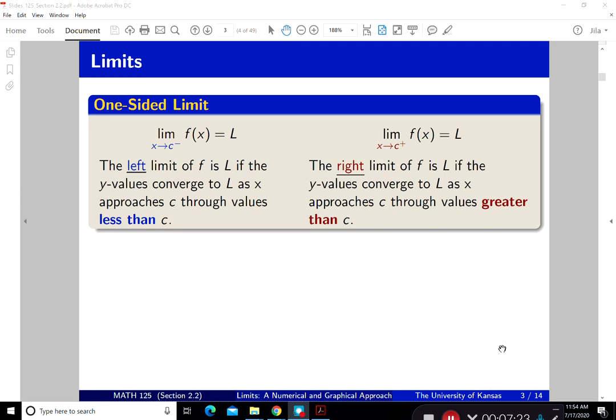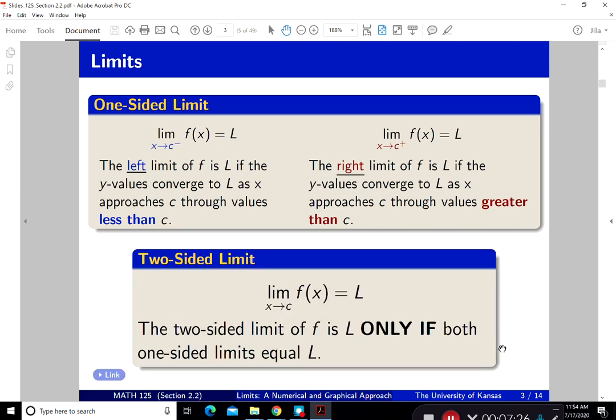So we did the right side limit and the left side limit. What's the two-sided limit? The two-sided limit as x approaches c of f of x is equal to L. That means that the two-sided limit of f is L only if both one-sided limits equal L, basically.